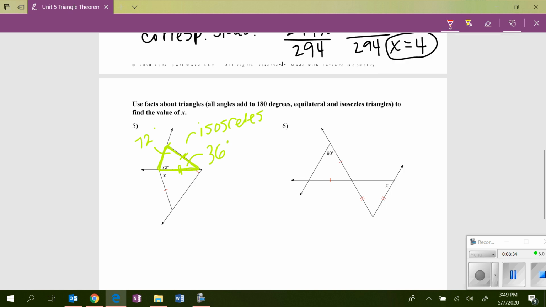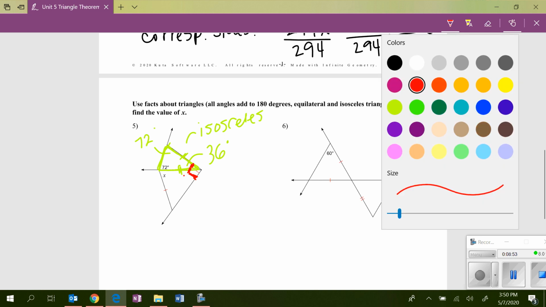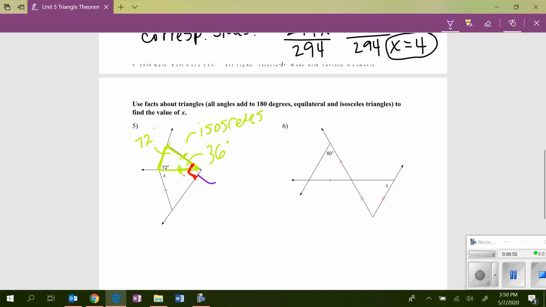I was also told in this diagram that this is a right angle, meaning I've got a complementary angle there with the 36. So I'll just take 90 minus 36. And the one below it right there, this is 54 degrees.